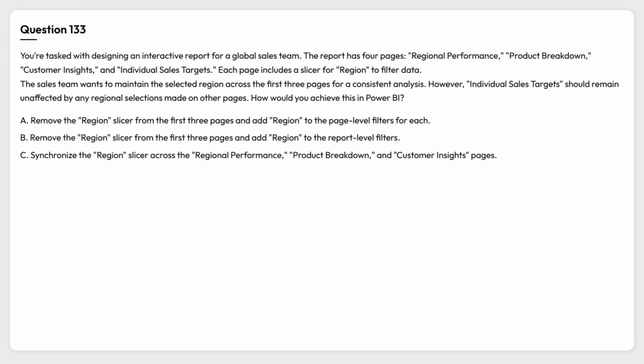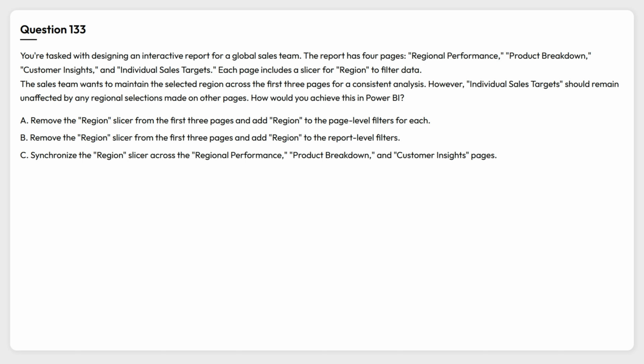Question number 133. You are tasked with designing an interactive report for a global sales team. The report has 4 pages: regional performance, product breakdown, customer insight, and individual sales target. Each page includes a slicer for region to filter data.